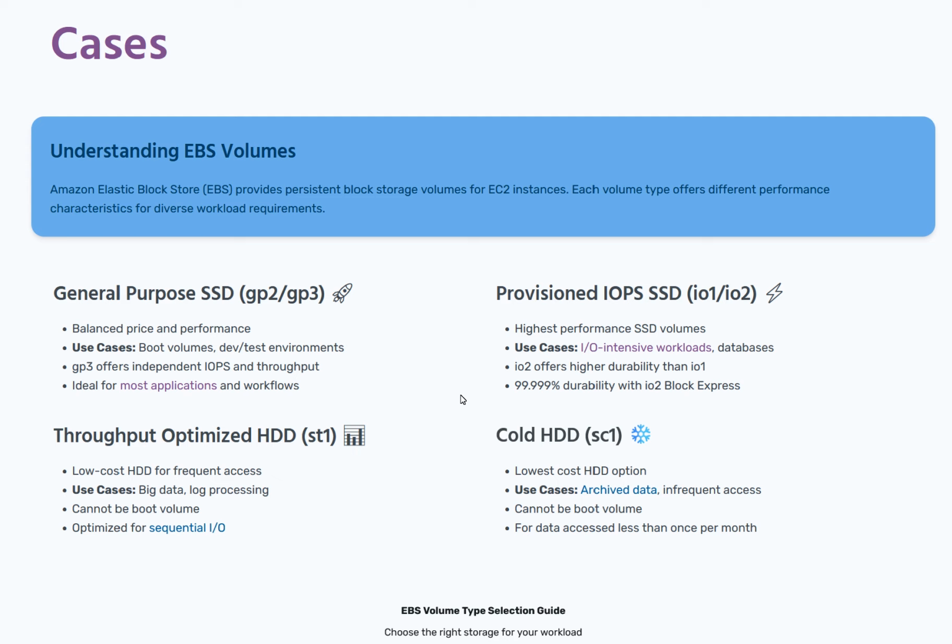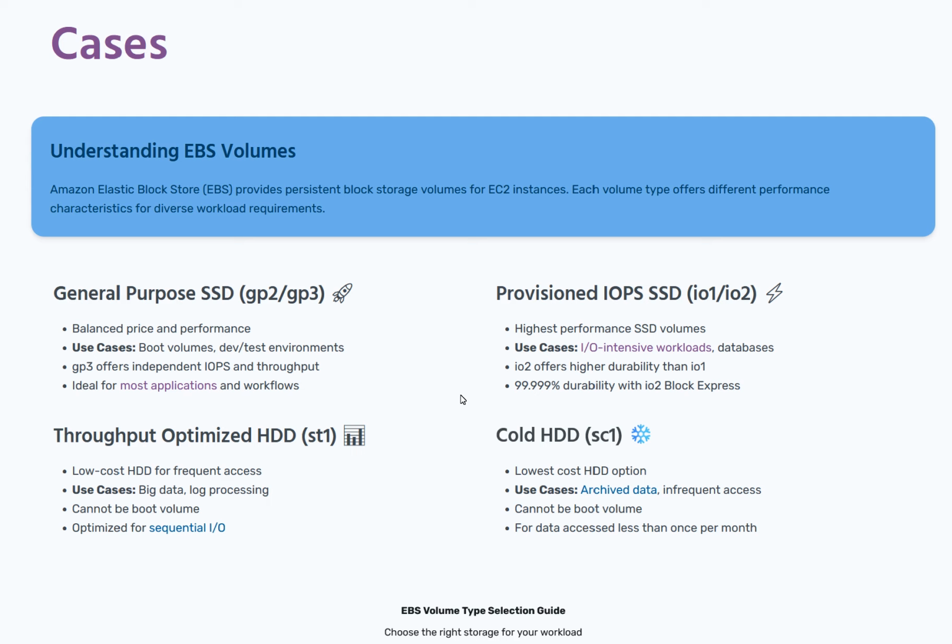Then you have provisioned IOPS SSD, IO1 and IO2. Then the hard disk drive, the mechanical drive: throughput optimized hard disk drive, the ST1 class. And then the cheapest class is cold hard disk drive, the slowest option.